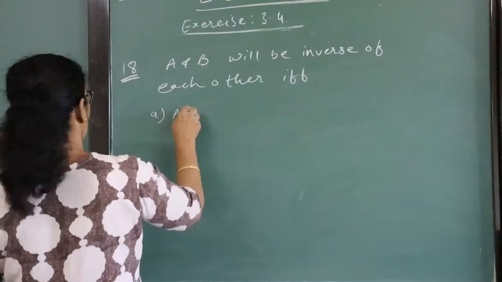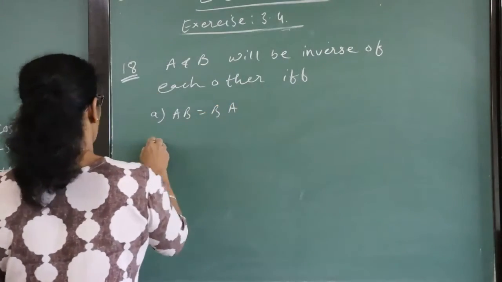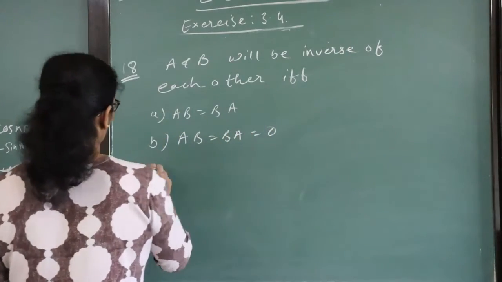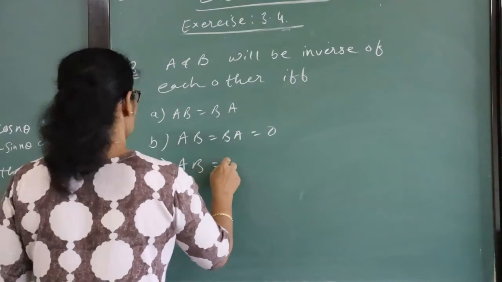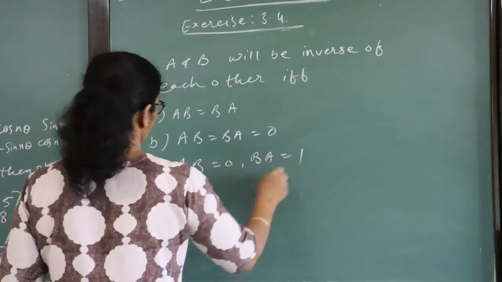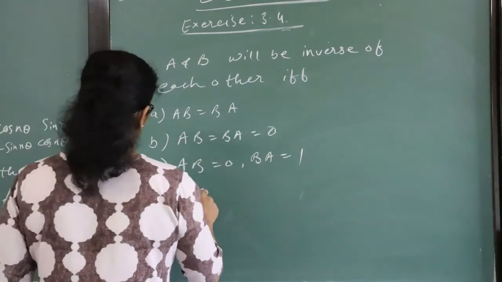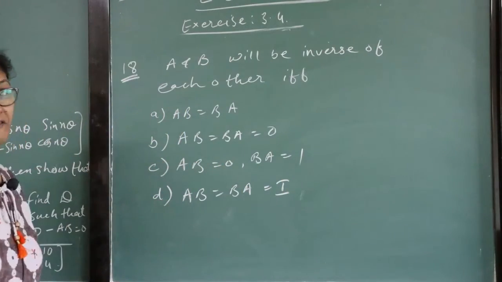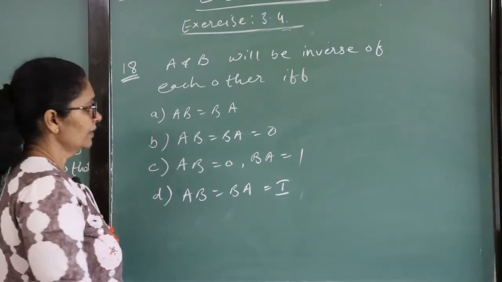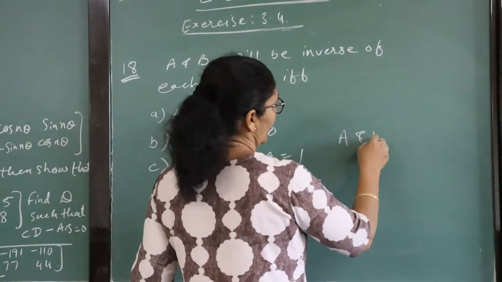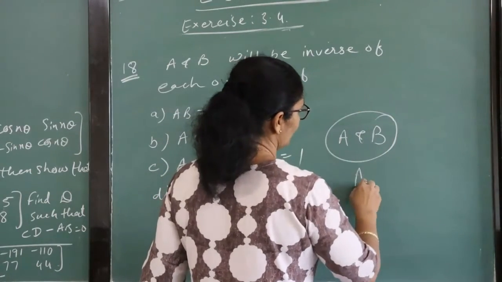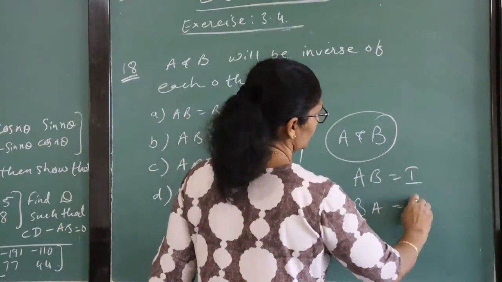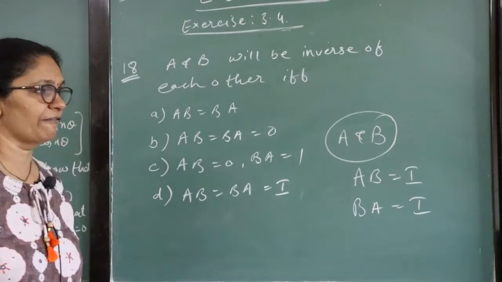Options are given: AB equal to BA; second, AB equal to BA equal to 0; third, AB equal to 0 and BA equal to 1; and the last option, AB equal to BA equal to identity. This is the definition given for inverse, that A and B are inverse of each other only if AB equal to identity and BA equal to identity. This is the only definition of inverse.